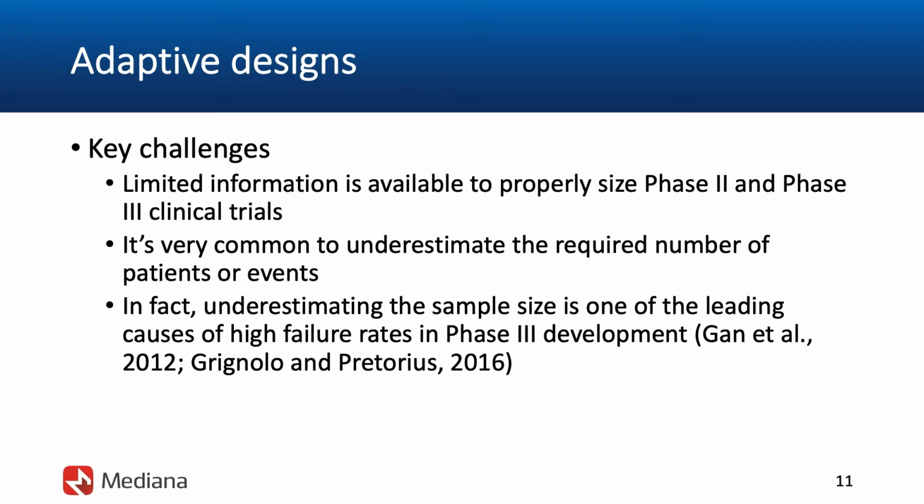And then ultimately, those interim assessments enable the trial sponsor to modify certain elements of the trial design based on the accumulating data in the trial. For example, the trial design could be updated by enrolling additional patients, and in general, this class of designs is commonly referred to as the class of adaptive designs.